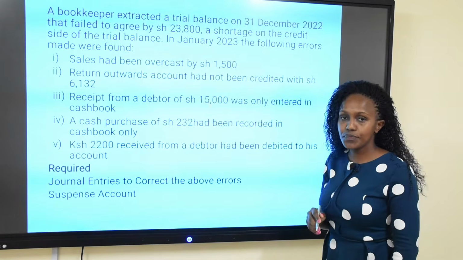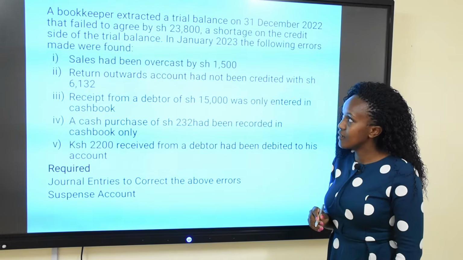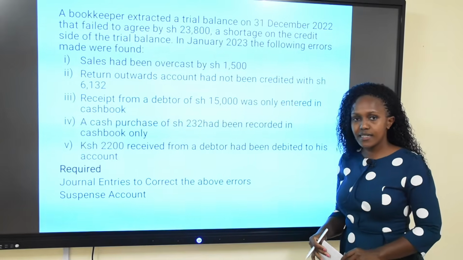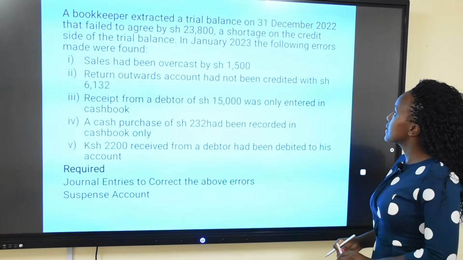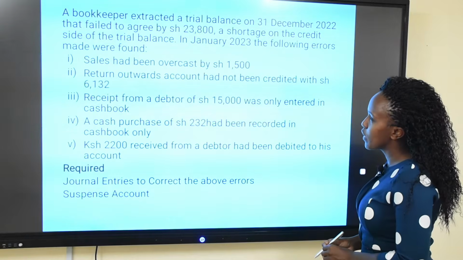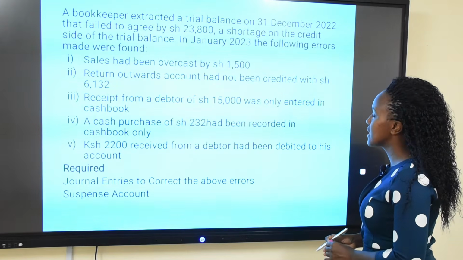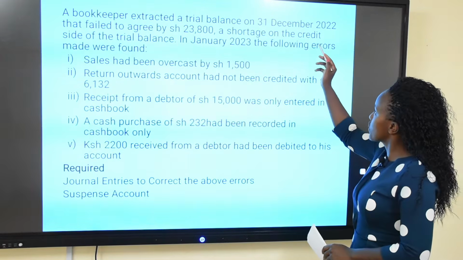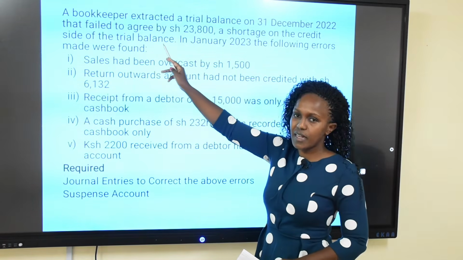It says that a bookkeeper extracted a trial balance on 31st December 2022, but failed to agree by shillings 23,800. A shortage on the credit side of the trial balance.